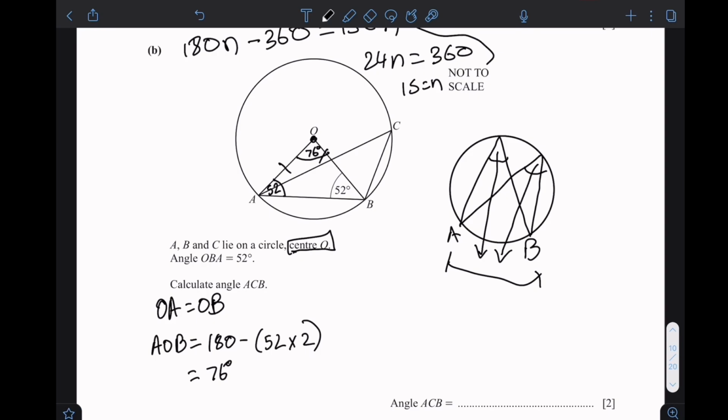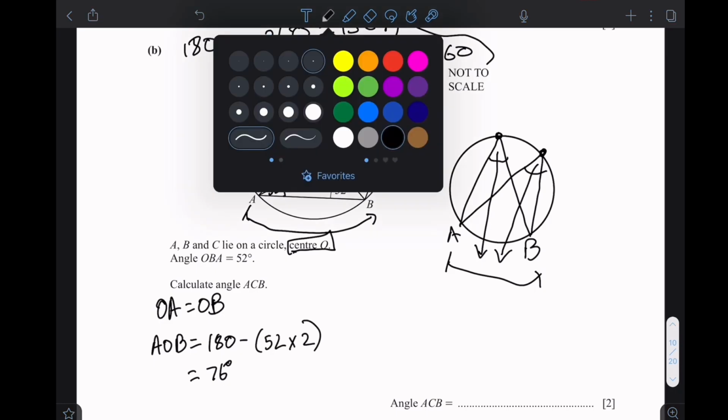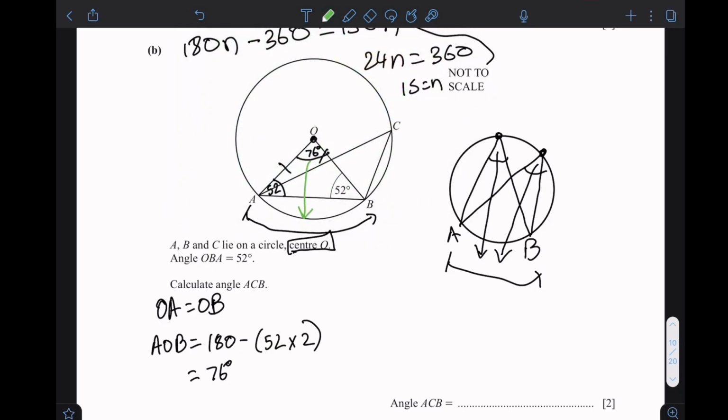And you should know that if angles in the same arc are equal, they must touch the circumference. But in this case, as you can see, in arc AB, there are two angles, angle AOB and angle ACB. But the thing is, this AOB is not touching the circumference.